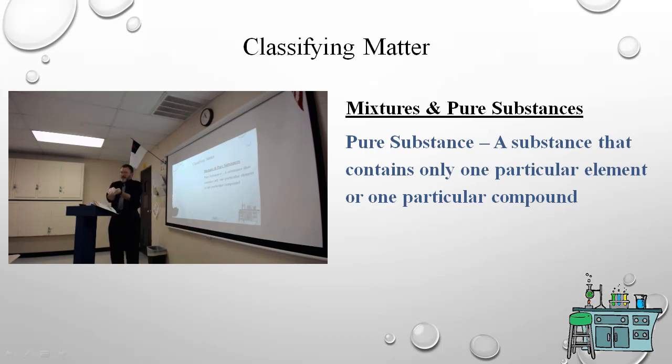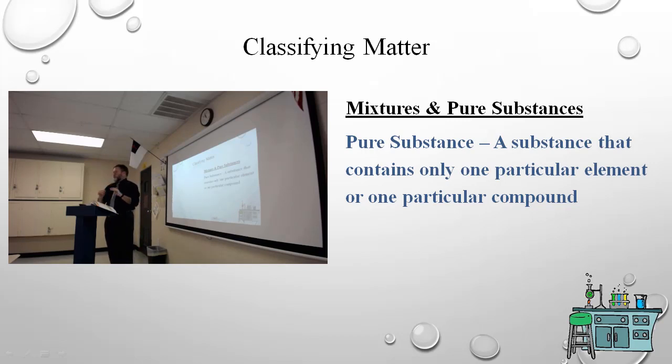But if I have a sample in my hand where every single piece is a molecule of salt or a molecule of sugar, then I also have a pure sample. Because everything in my hand is either the same element made up of the same atom type, or it's the same compound, which means every single molecule is the same.